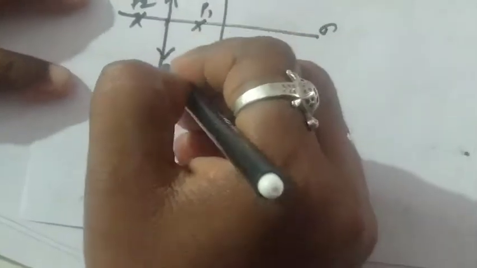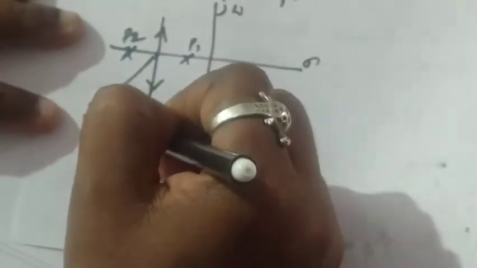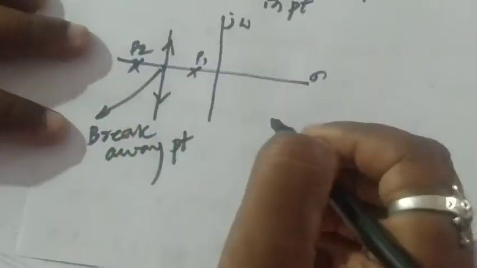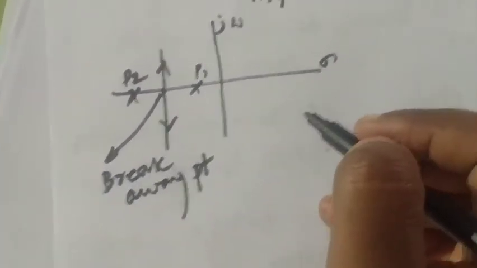This is called the breakaway point. So like this you have to calculate by using the dK/ds formula.